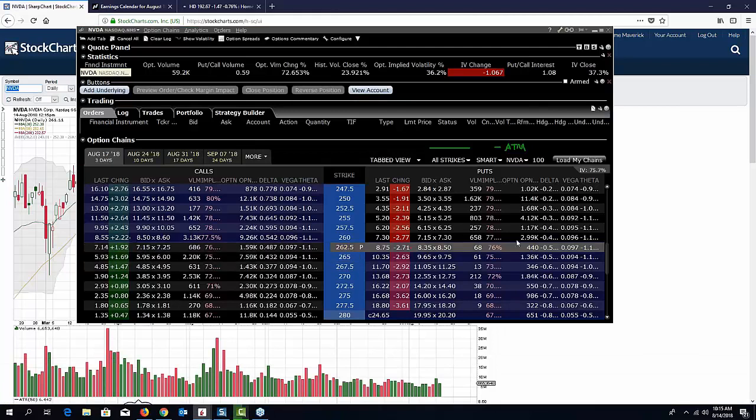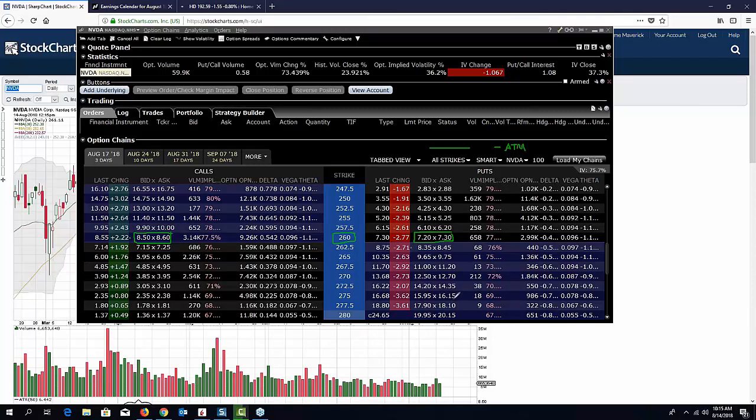So if I come in here and look at Nvidia, sure enough, the at-the-money strike is the 260. Now the 260 strike is trading on the call side for about 850, 860-ish. On the put side, 715 by 730. That's the total cost of the at-the-money straddle.